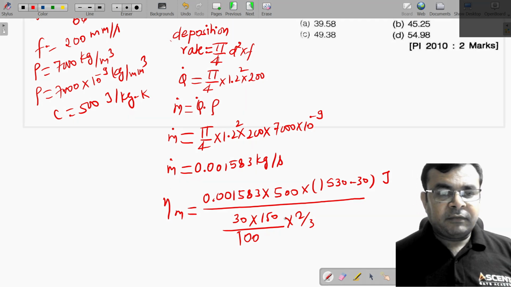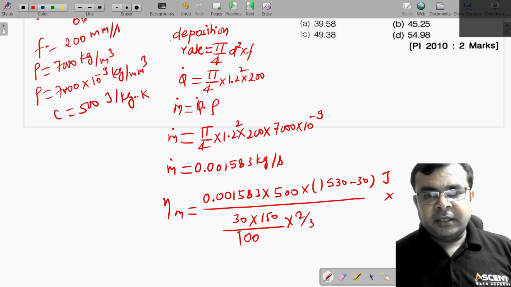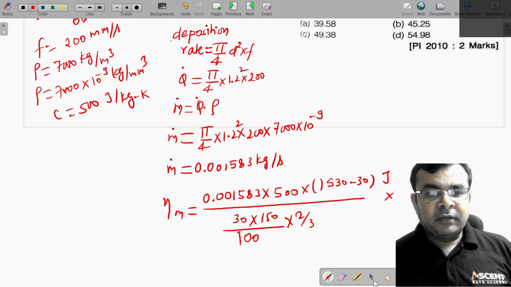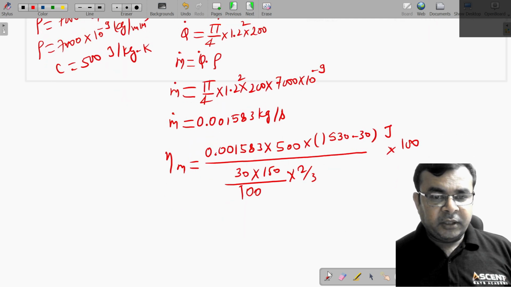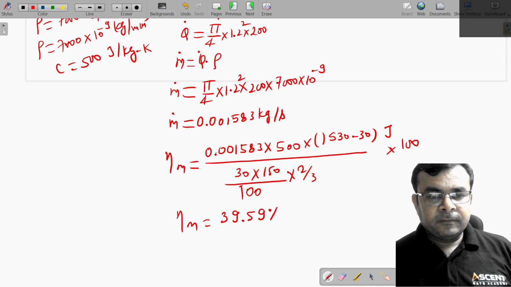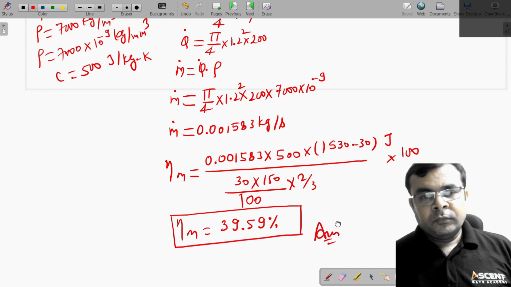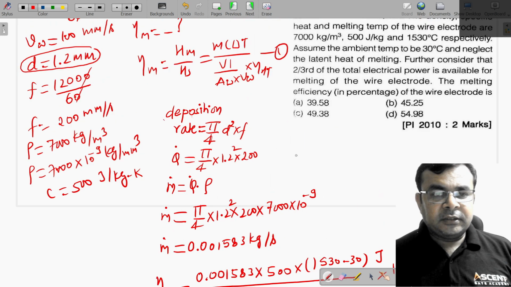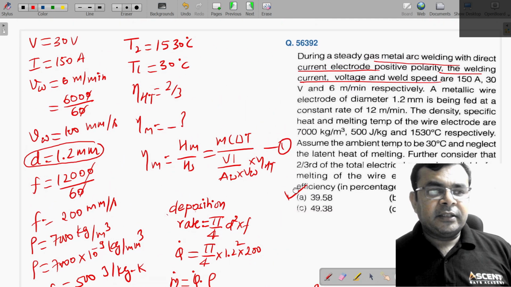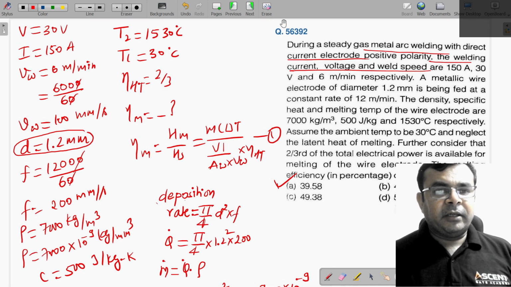And if you multiply 100, then after calculating here we get 39.59%. So according to this, the correct choice is option A. This is a little lengthy question, but if you focus on the question, then you can easily solve it if you know the basic principle and fundamentals.